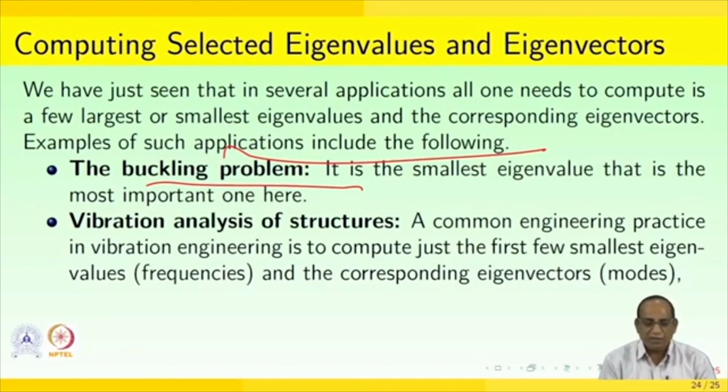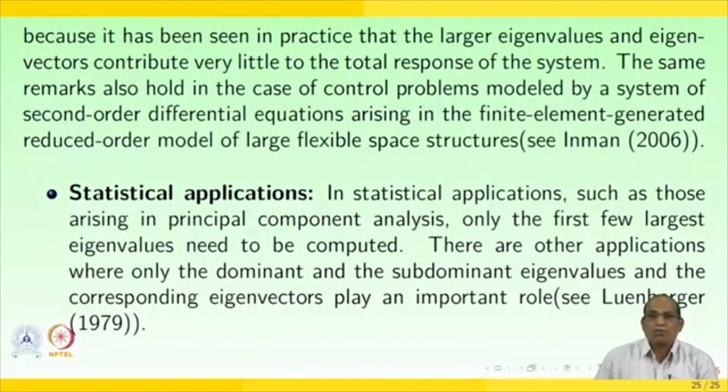A common engineering practice in vibration engineering is to compute just the first few smallest eigenvalues and the corresponding eigenvectors, because it has been seen in practice that the larger eigenvalues and eigenvectors contribute very little to the total response of the structure.